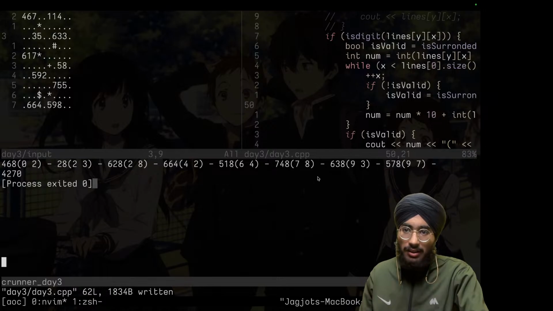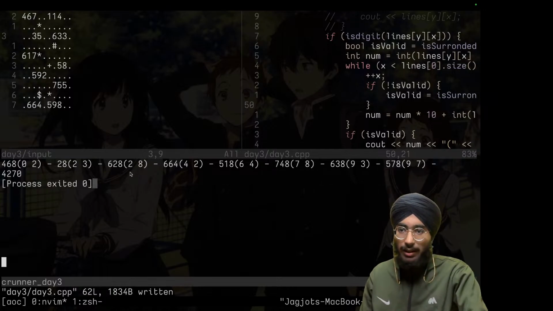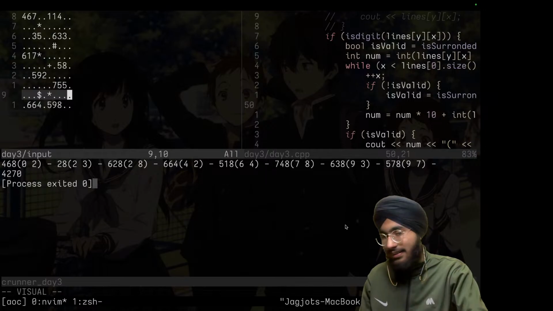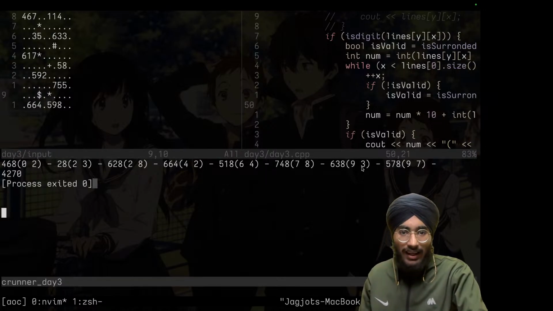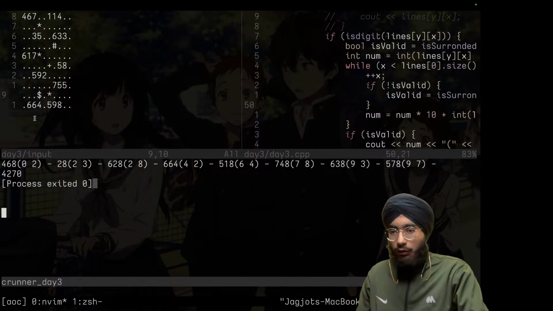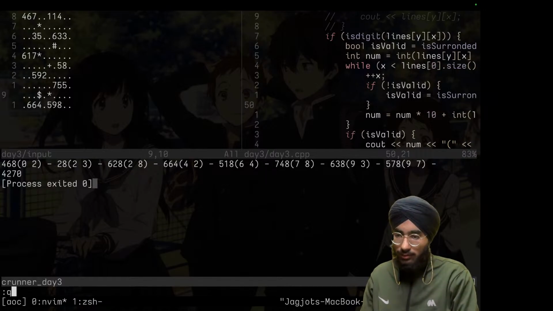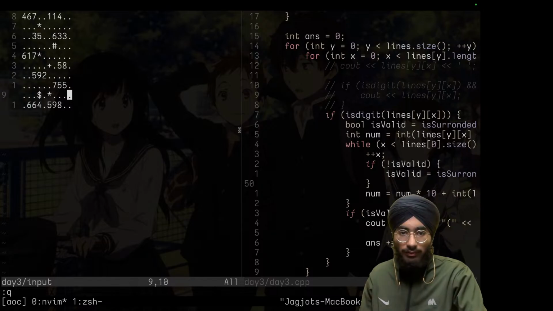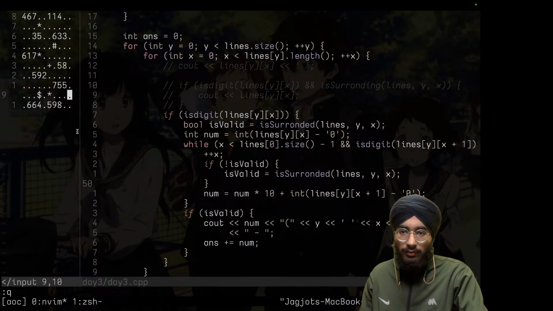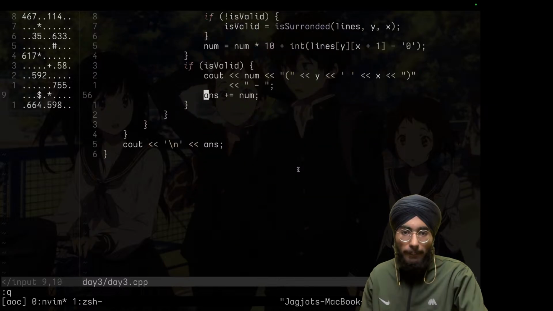And 6, 7, 8th is there. Nice. Eighth index is not there because the eighth line doesn't even have a number, which is nice. 9, 3, 0, 1, 2, 3. Okay. And 9, 7, 0, 1, 2, 3, 4, 5, 6, 7. Nice. Now we just need to figure out why our numbers are incorrect. So 1 is incremented here. And okay.